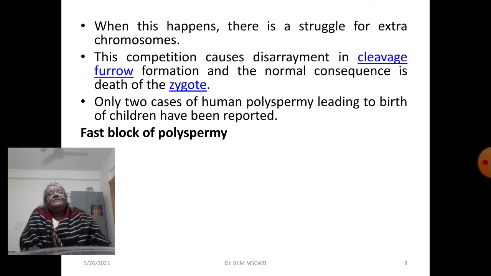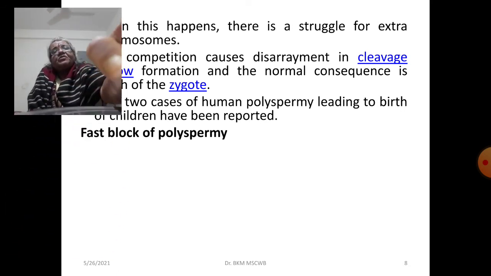Now, after knowing about this physiological polyspermy, it is the time to understand the mechanisms that have been devised by the organisms to prevent polyspermy. One is fast block of polyspermy and the other one is slow block of polyspermy. Both I am going to teach now.